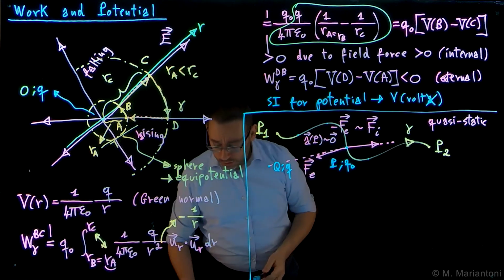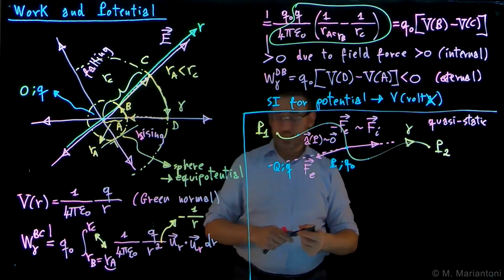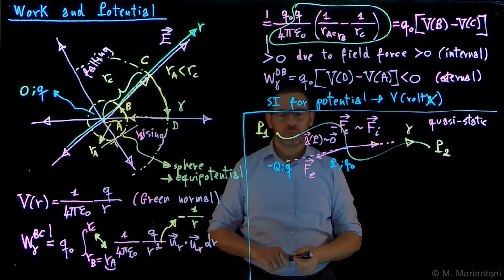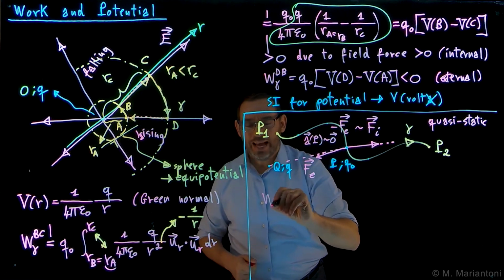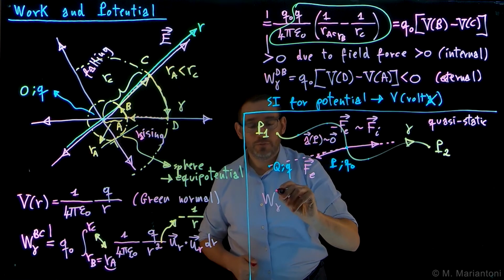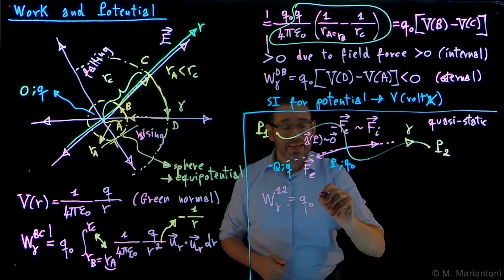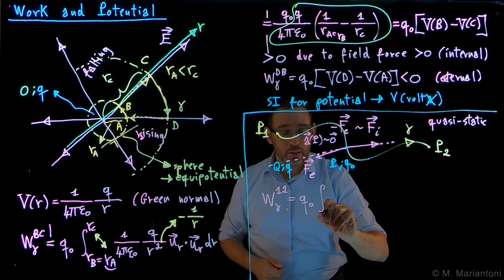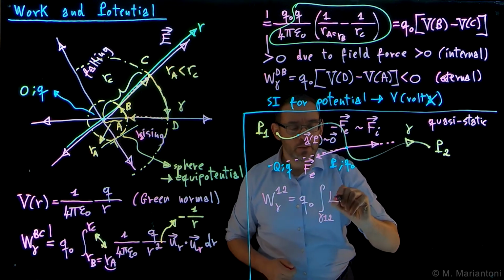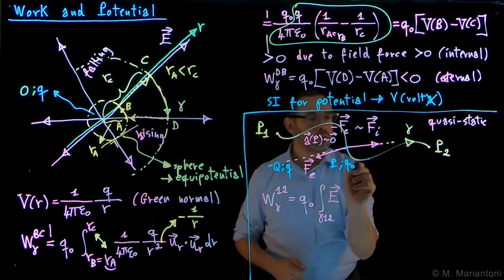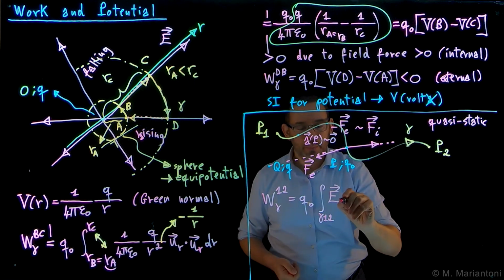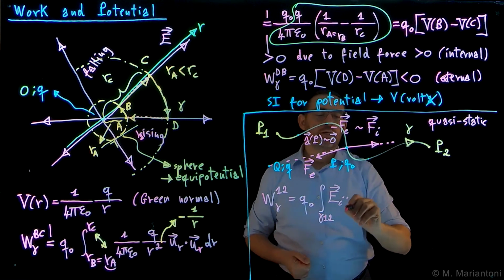So if we do that, in general, the work W along gamma to go from point 1 to 2, the definition of work, is going to be Q naught times the line integral on gamma from 1 to 2 of E, the electrostatic field, E_i if you really want to be picky, dot dl.